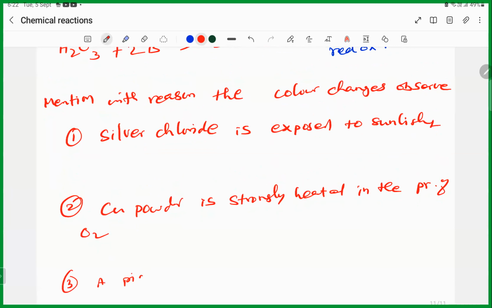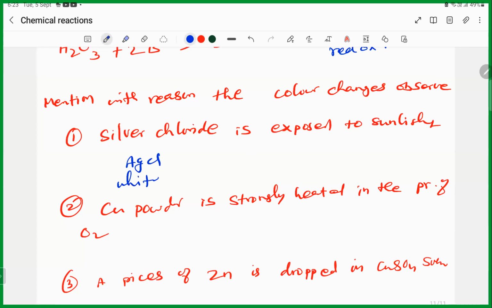A piece of zinc is dropped in copper sulfate solution. No answer? Each one. First one. Silver chloride is exposed to sunlight. What will happen? What is the color of silver chloride?